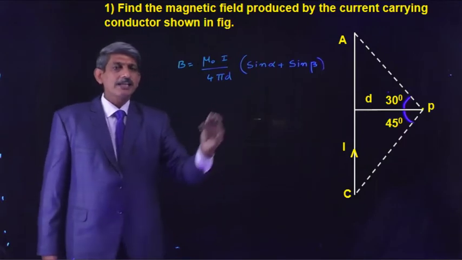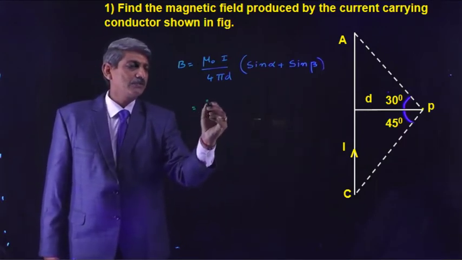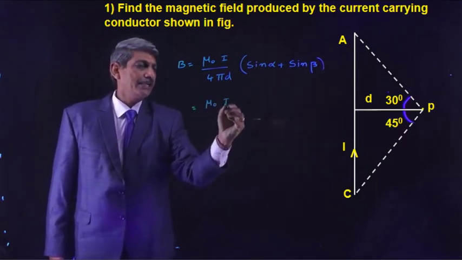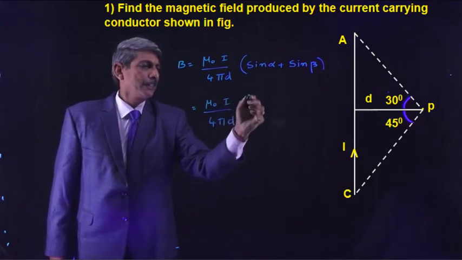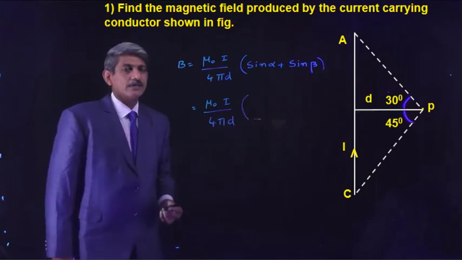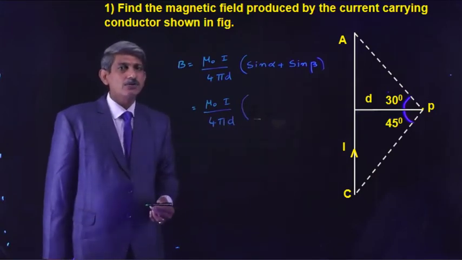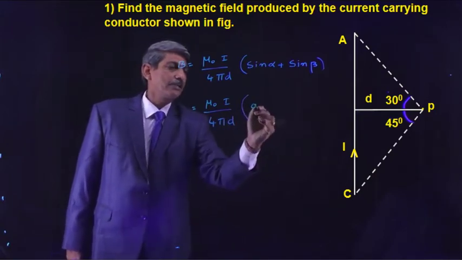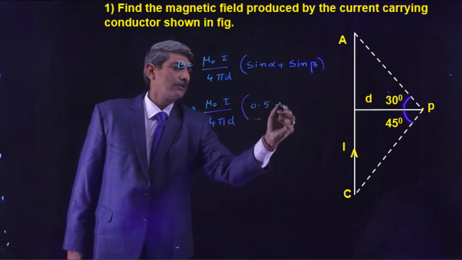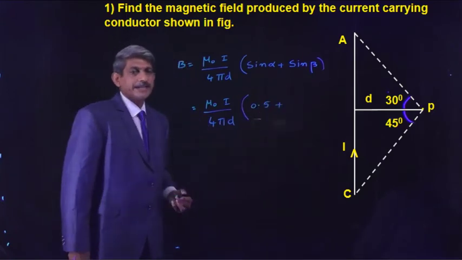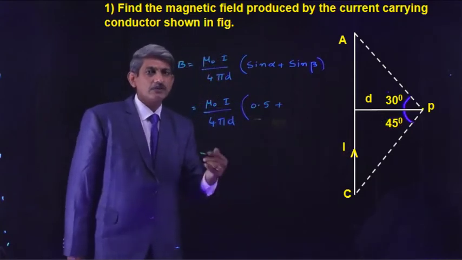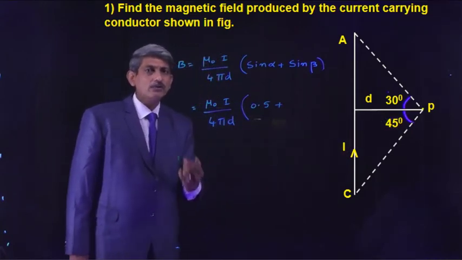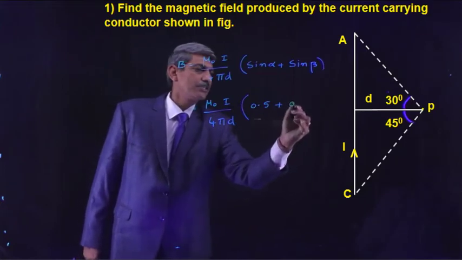By substituting those angles, we have B is equal to mu naught I divided by 4 pi d into sin alpha, sin 30. You know sin 30 is equal to 1 by 2. That 1 by 2 can be written as 0.5 plus sin beta. Here beta is equal to 45 degrees, so sin 45 is equal to 1 by root 2, and 1 by root 2 is equal to 0.707.